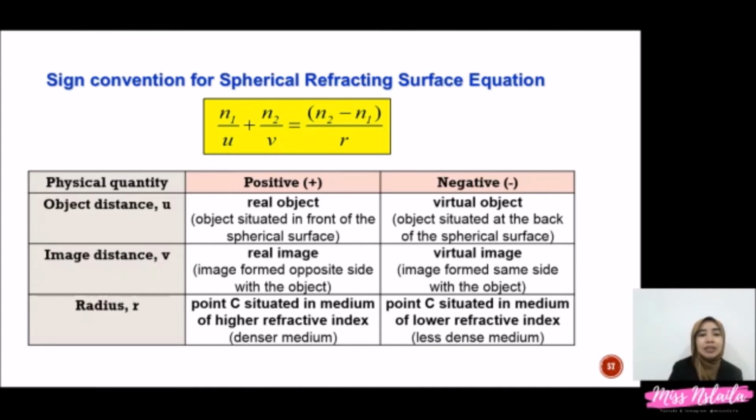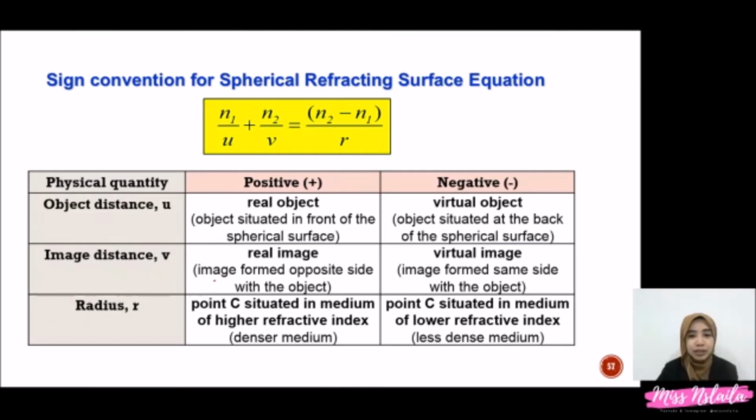For the image distance, if the image forms on the opposite side from the object, it is a real image. And if the image forms on the same side as the object, it is a virtual image, negative. For the radius, if the point C is situated in a medium of higher refractive index, it will be positive. If point C is situated in a medium of lower refractive index, it will be negative.